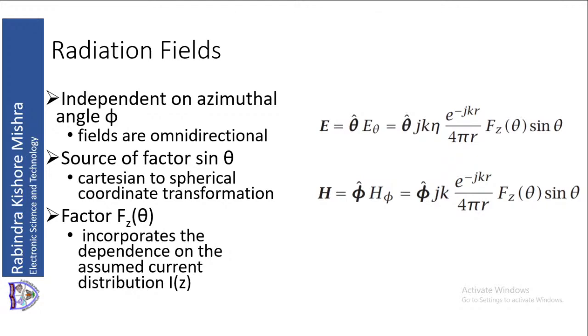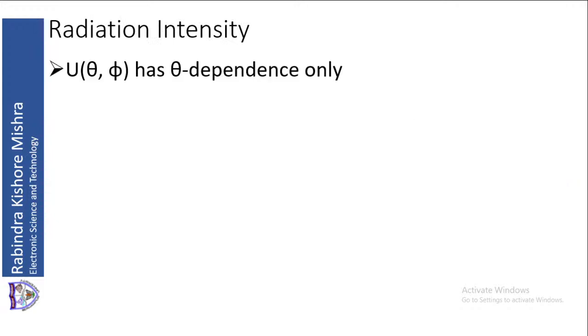Now let us find out the radiation intensity. Once we know this, let us find out the radiation intensity. Radiation intensity we defined as U, and U depends on theta and phi, that we have already seen. So U theta phi is the radiation intensity. Now we know that the radiation intensity depends on power.